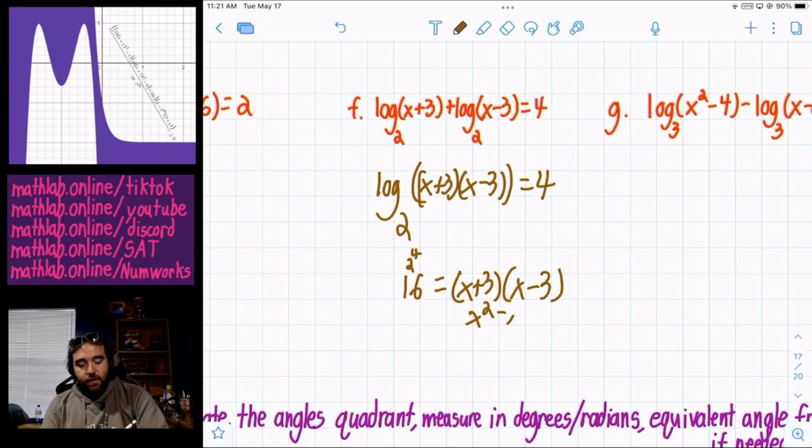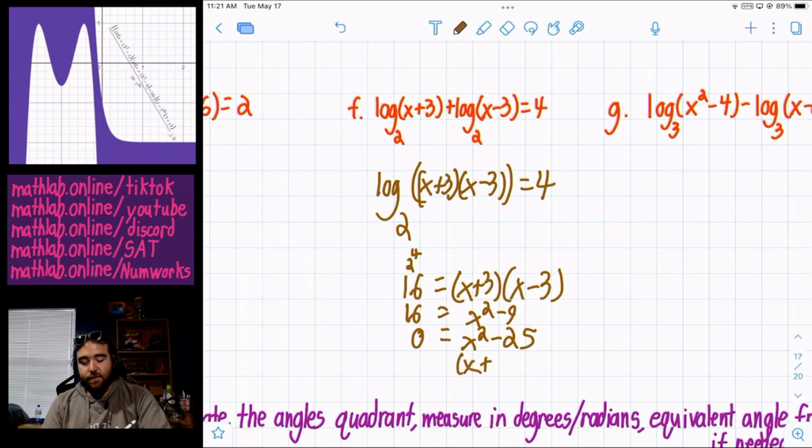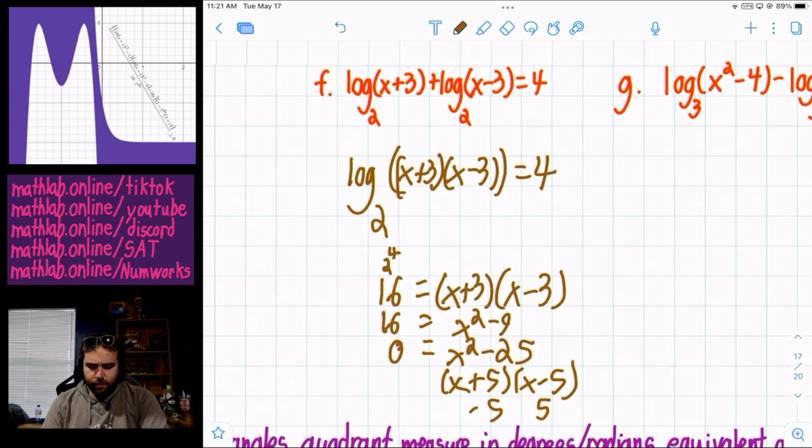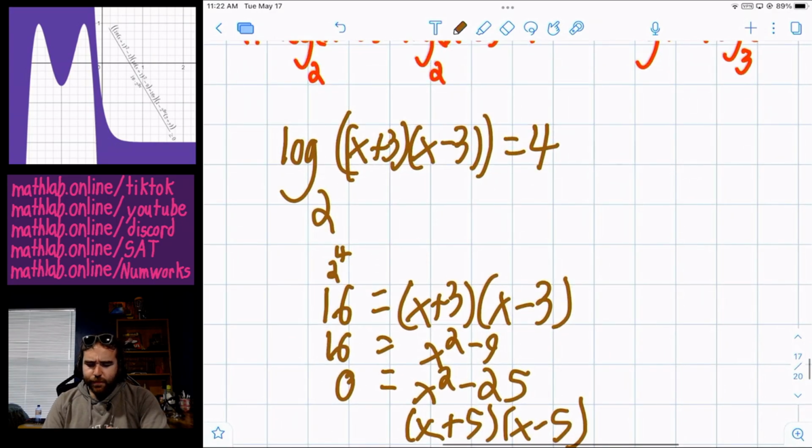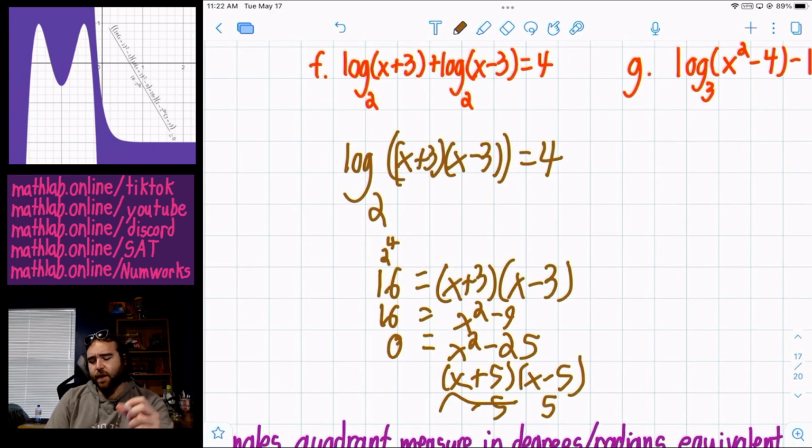That's x squared minus 9 equals 16. So then we subtract the 16 over and we factor again. We should know this. This is x plus 5 times x minus 5. So we get 5 and negative 5. Then let's make sure. If we plug in negative 5, that's definitely no good, because we get a negative inside of a log. But if we plug in 5, it's fine. So there we go.